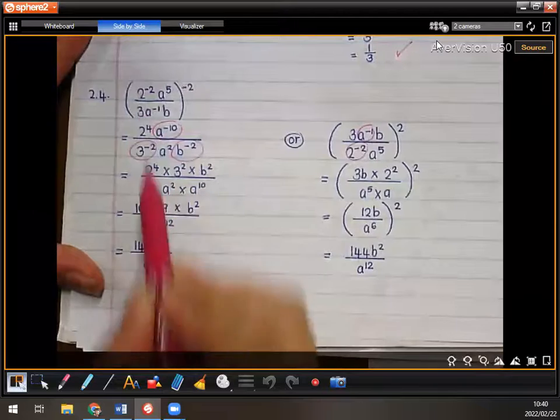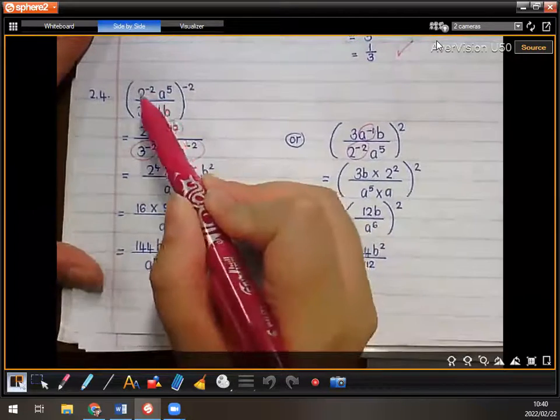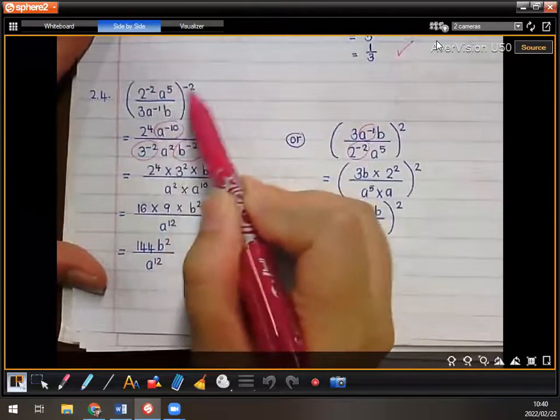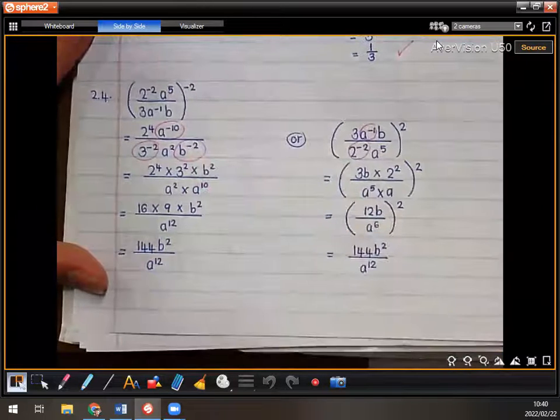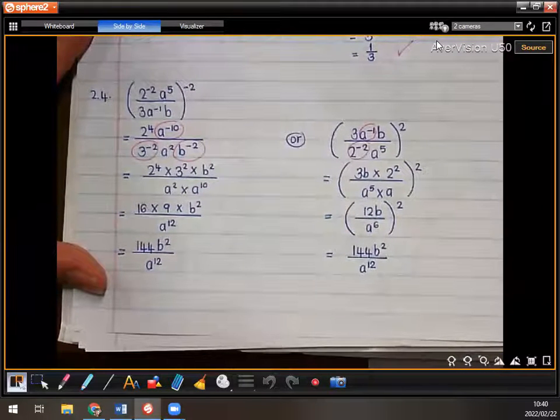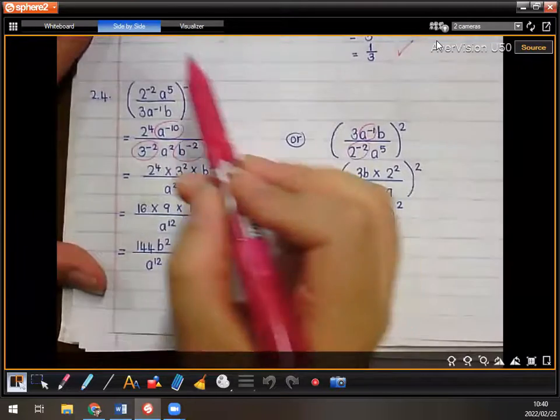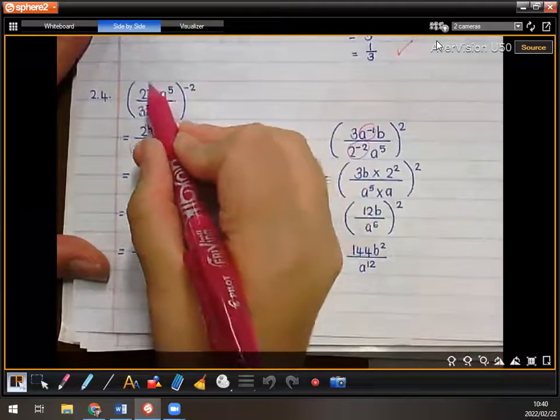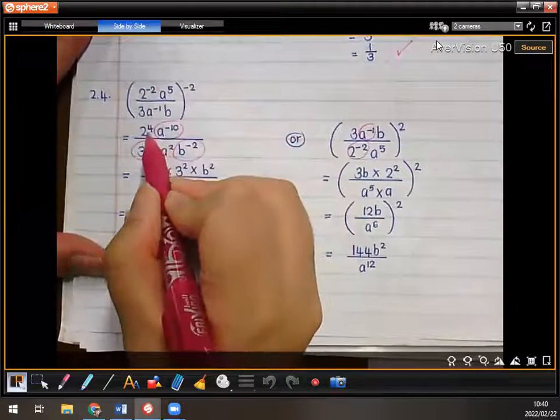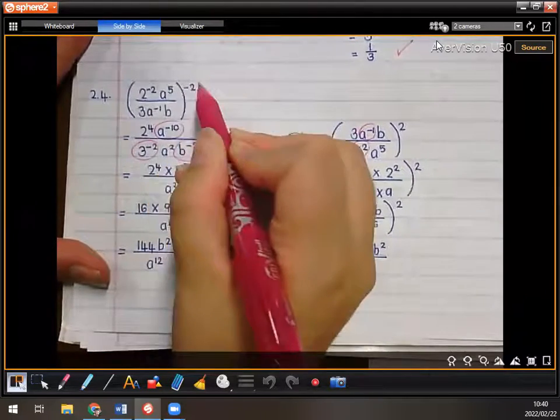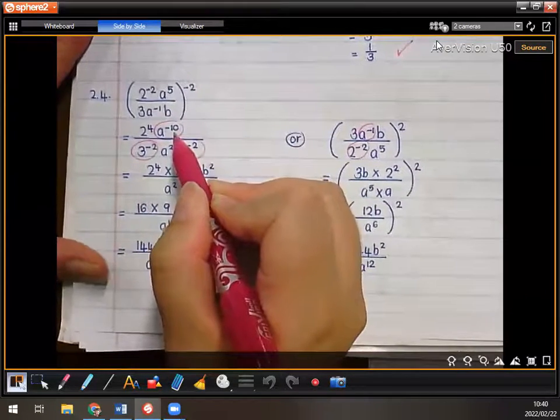So what I did on the left-hand side here is I raised everything in this bracket to the power of -2. We know that if you have a fraction to the power of an exponent, everything in that fraction must be raised to that power. So -2 times -2 is +4. Then 5 times -2 is -10.